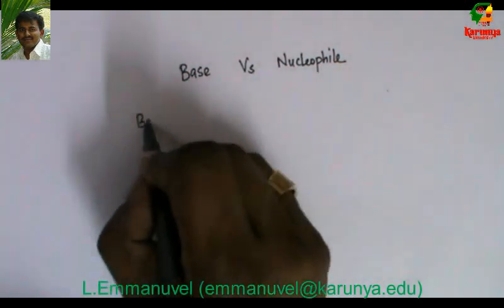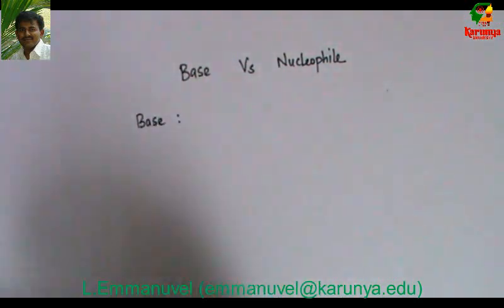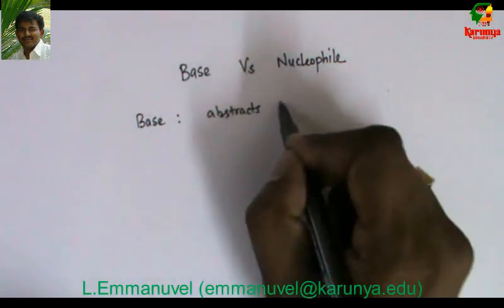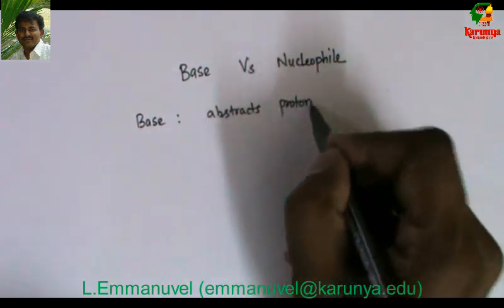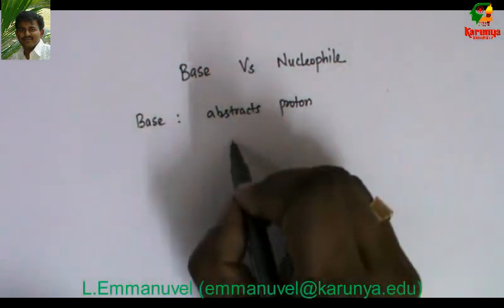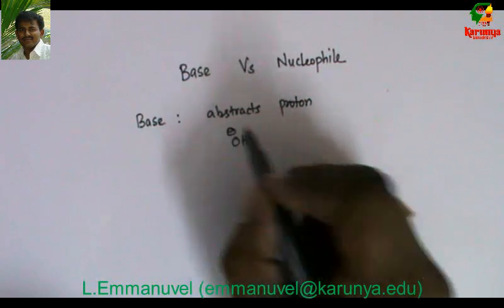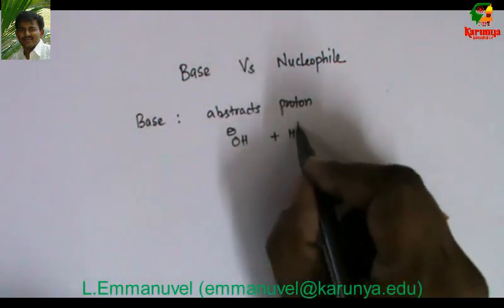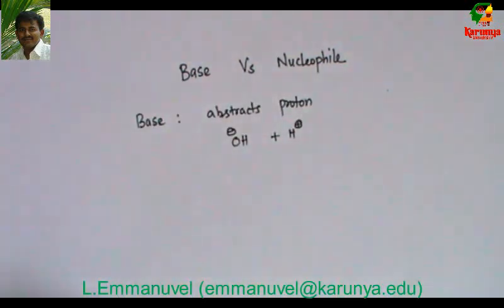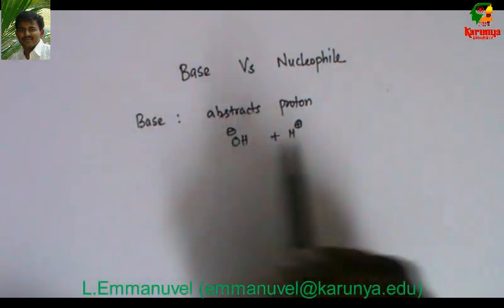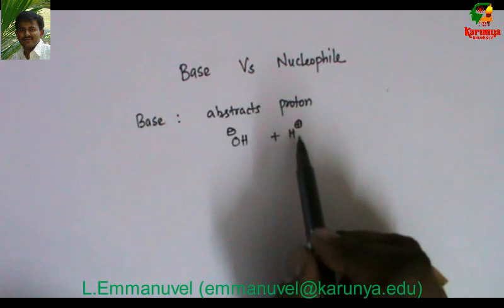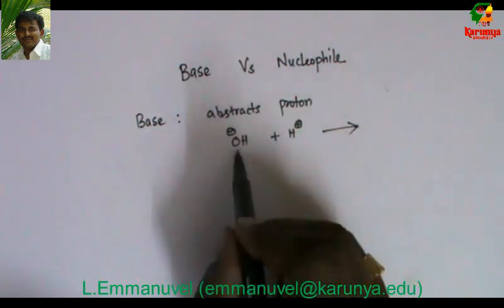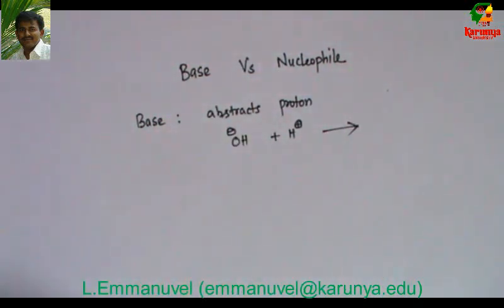We call the species as base when it abstracts proton. Basically, it is a reaction between OH minus, which is nucleophile, and H plus. When this minus charge attacks the H plus, positively charged species electrophile, during that time this OH minus is called as base.